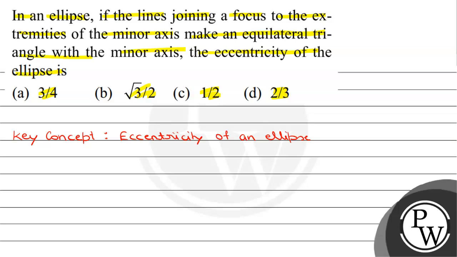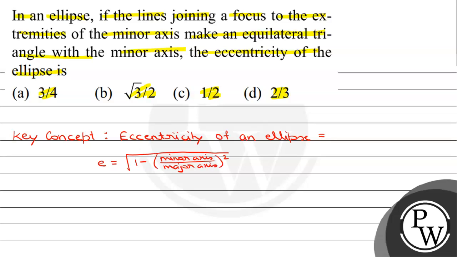For any ellipse, we define the eccentricity as the square root of 1 minus the square of minor axis upon major axis.